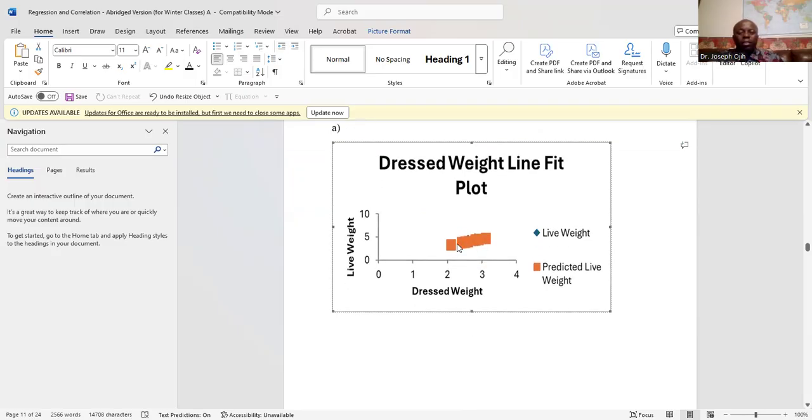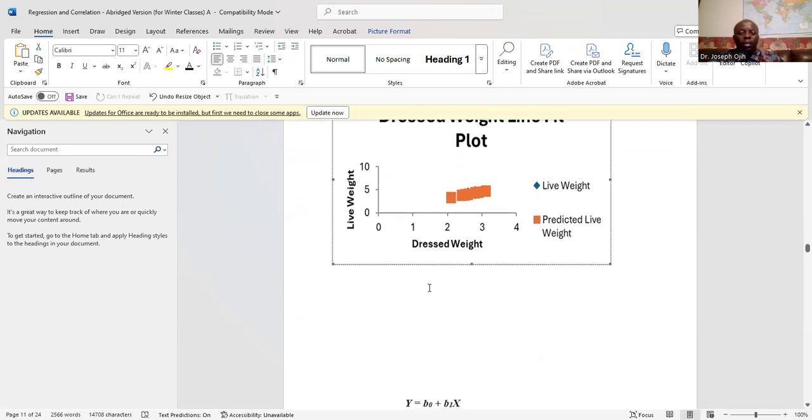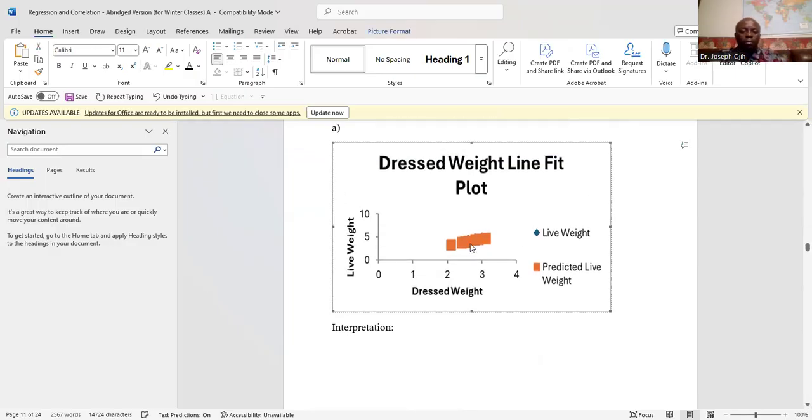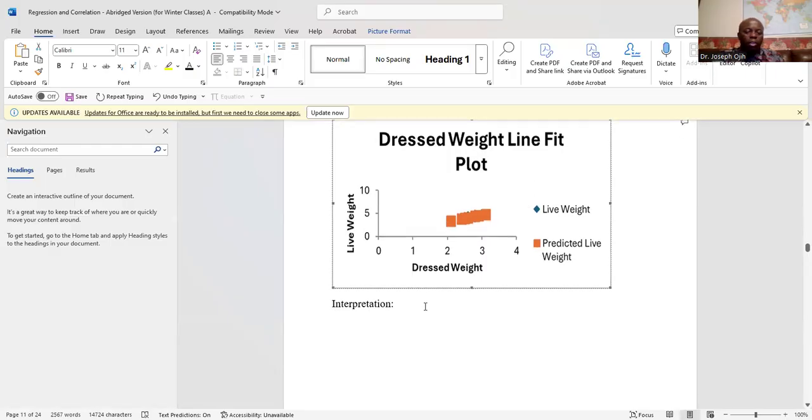See, it's trending up, but a little bit, right? So, interpretation of this. You can see that it is trending up a little bit, going up. So it showed that there's a relationship between the dress weight and protein, but it's a weak relationship, according to the scatter plot.